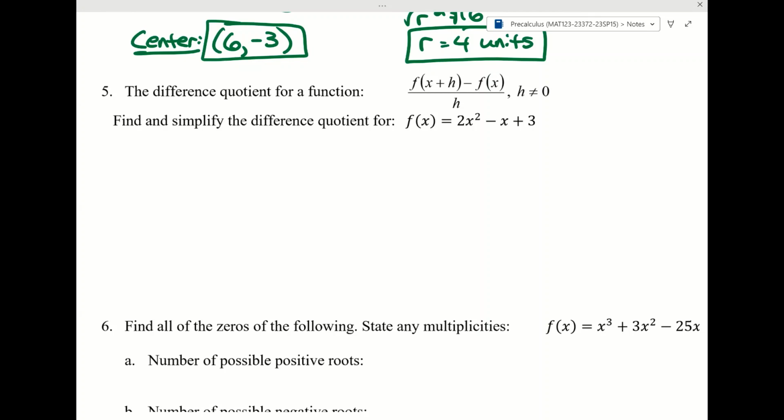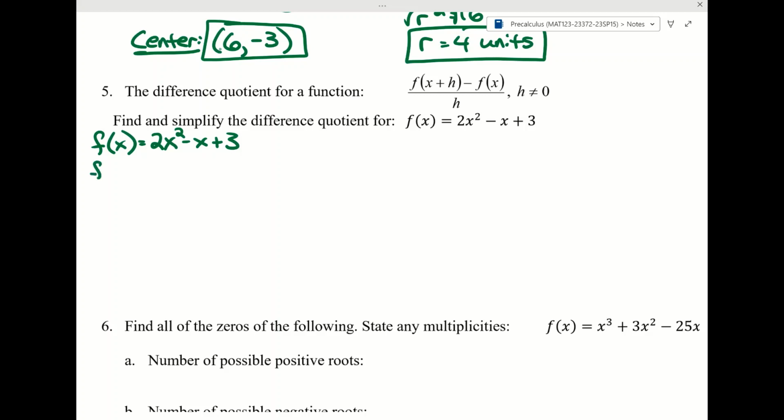In calculus, you talk about something called the derivative, which is just like a slope. That's what this is. The second half of calculus is called integration, which is the opposite of derivative. But anyway, for this problem, you could have a function that's 2x squared minus x plus 3. F of x means the same thing as y, except f of x tells you that it's a function.